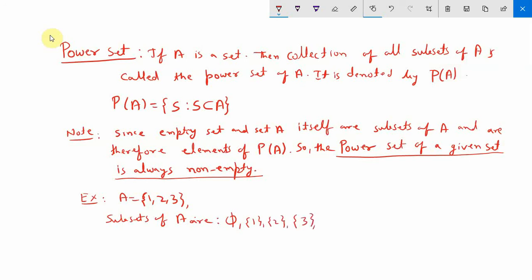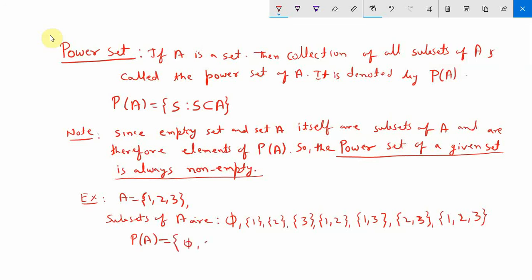Then we will consider two elements: {1, 2}, {1, 3}. Next will be {2, 3}. And when all three elements are contained, {1, 2, 3}, that is set A itself. Hence P(A), the power set of A, is defined as the set of all the above sets.